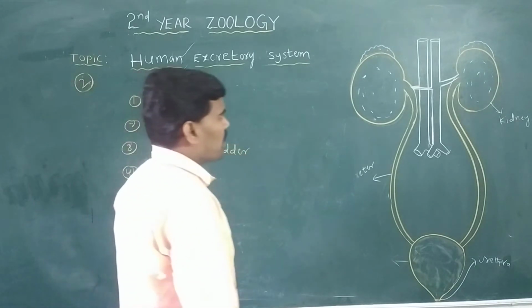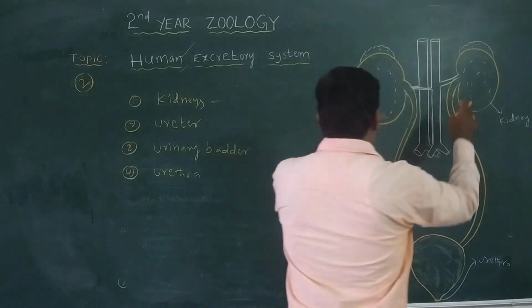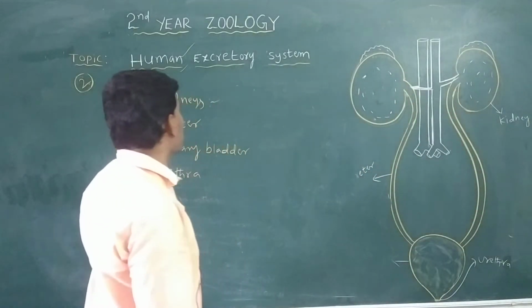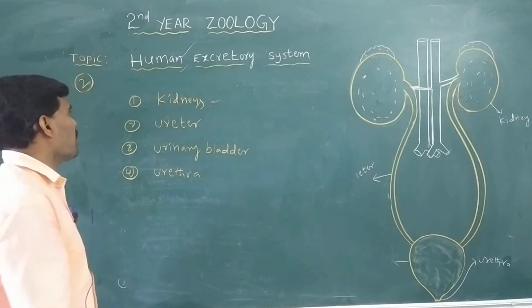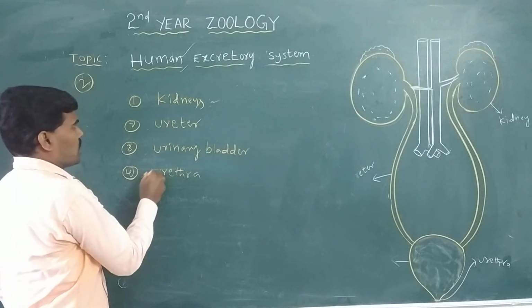Only one pair of kidneys, only two kidneys. The human excretory system consists of the kidneys, ureters, urinary bladder, and urethra.